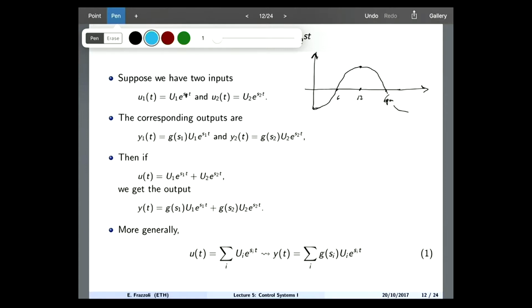Is it noon? 6 p.m.? Usually the hottest time of the day is probably around 2 p.m. So how will the temperature in your cabin change? It will also be another sinusoid. What will be the period of this sinusoid? Again a 24-hour period.